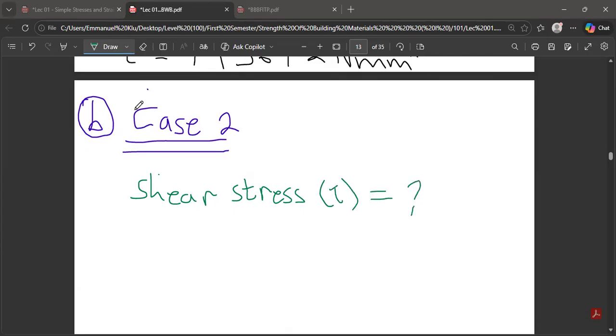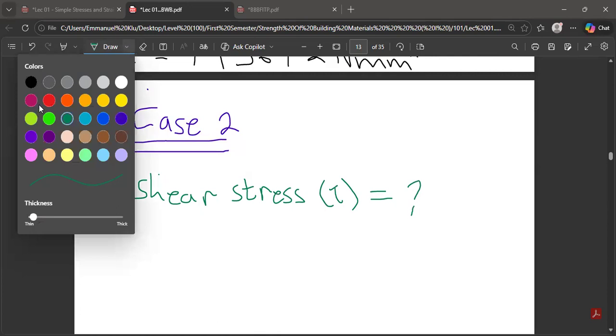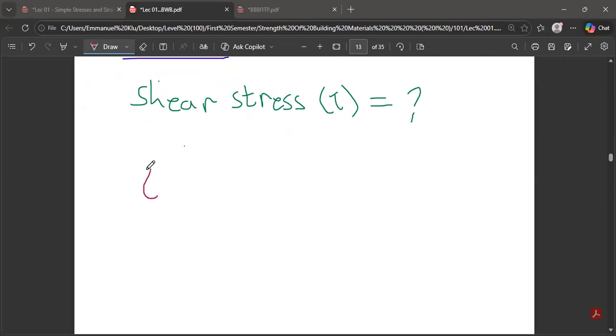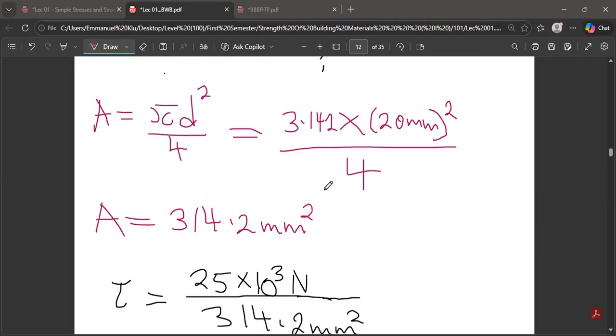If you want to look for that, first of all, we have to know the formula for that. And the formula for shear stress, this is the symbol for shear, is the same P over A.